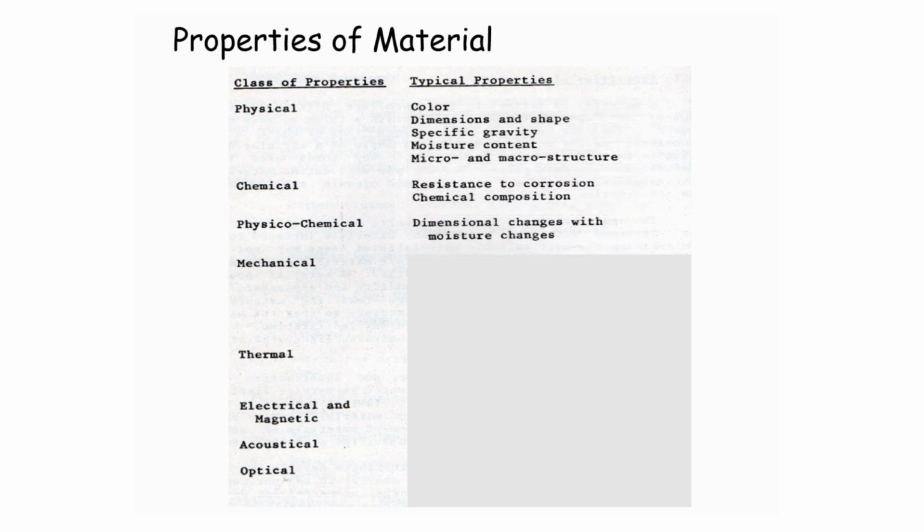As you can see in the table, we have different classes of material property. For physical properties, we have color, dimension and shape, specific gravity, moisture content, and microstructure. In terms of chemical properties, we have, for example, resistance to corrosion and chemical composition. For physicochemical, we have dimensional changes with moisture changes.